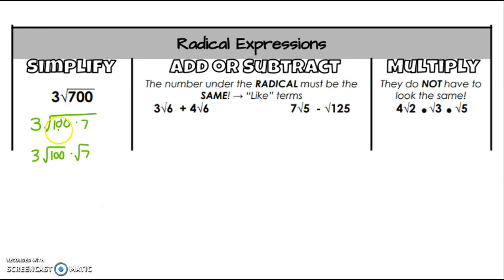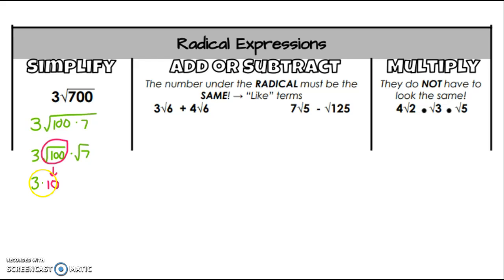So I have the 3 on the front didn't change. The square root of 700, I've broken that down to be the square root of 100 times the square root of 7. And I'm going to look for anything that works out really, really nicely. So the square root of 100 is 10, because 10 times 10 is 100. So that simplifies down really, really nice. And then everything else stays the same.